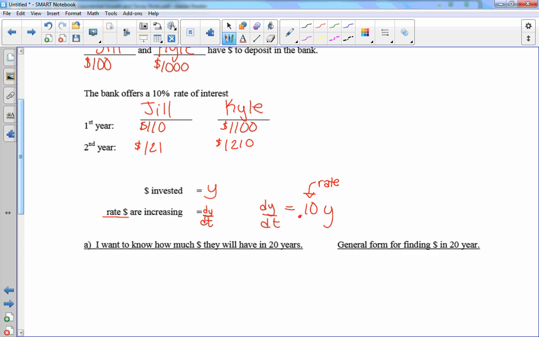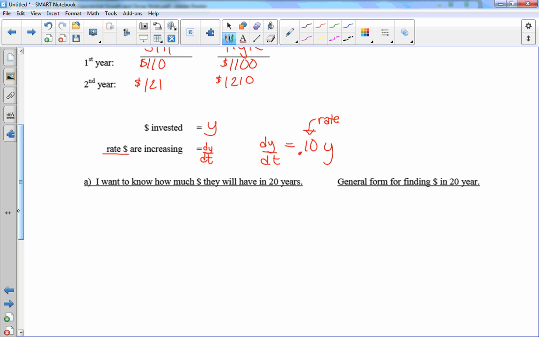Okay, so I want to know how much money they will have in 20 years. In 20 years, we have dy dt equals any rate. This is the general formula. Equals a rate K times the amount that they invest.